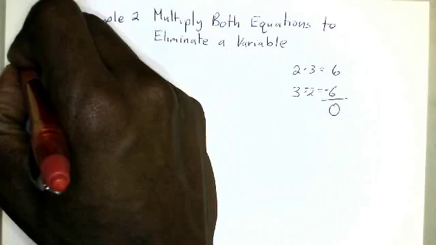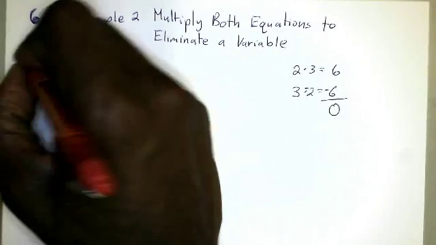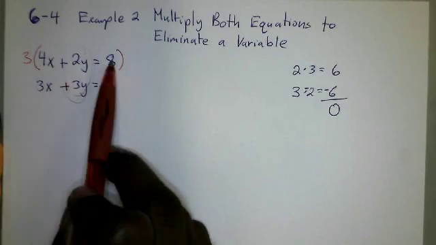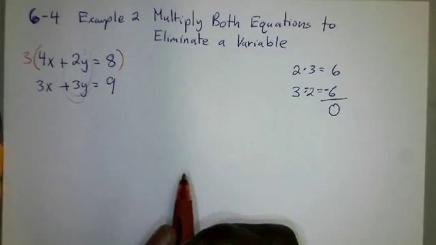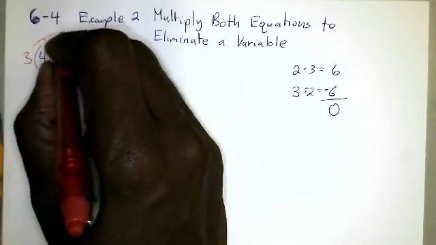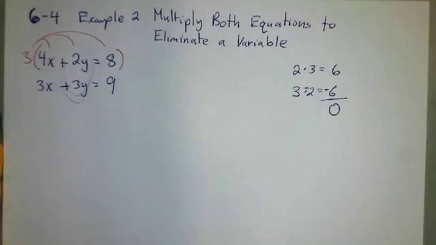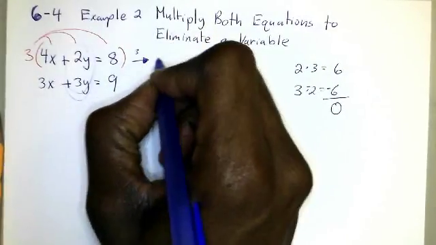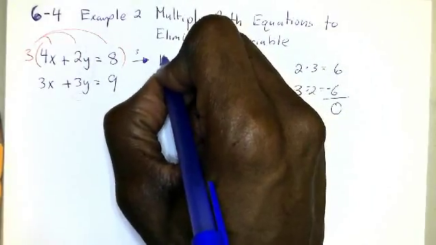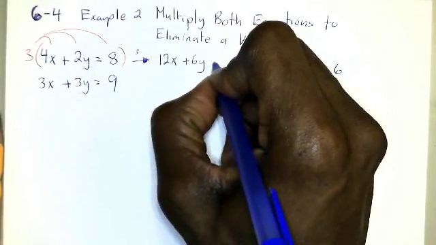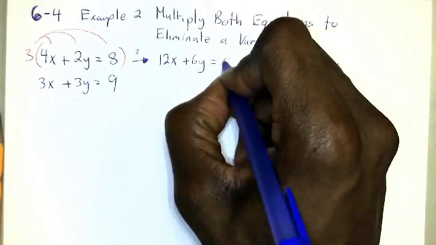Now the reason why we multiply the whole thing is because once we make any changes here, we have to make changes to every term that's in the equation. So when we multiply, we're distributing the 3 to every term of the equation. Now this would give us 12x plus 6y equals 8.